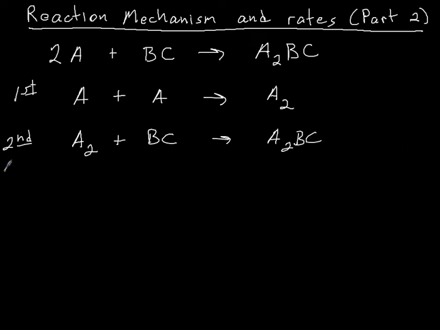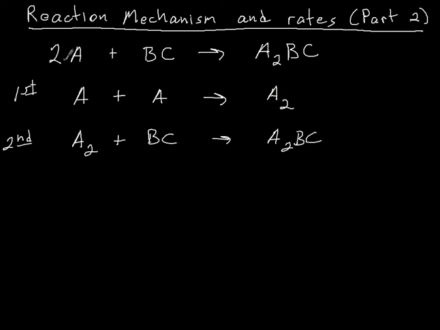Now, you can use some logic here and think, is this mechanism likely to occur or not? Just looking at this, I would say this is probably not the mechanism. The reason is that the intermediate in this mechanism is A2. Why wouldn't the two A's normally combine into A2 in nature if the intermediate is A2?